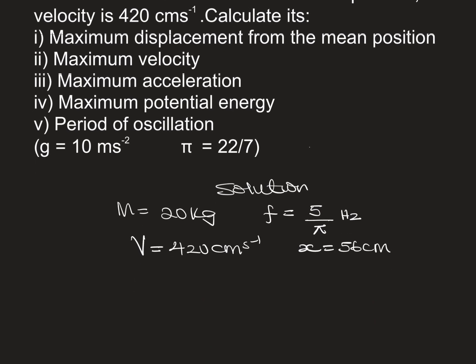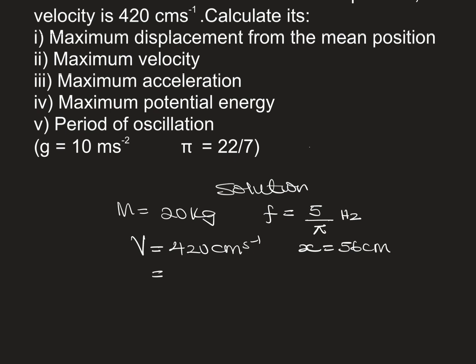We have velocity as 420 centimeters per second, so we have to convert it to meters per second. It is already in per second, which means it's only the centimeters that we have to convert to meters.